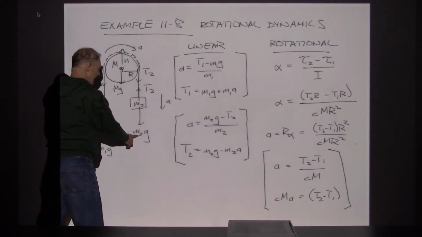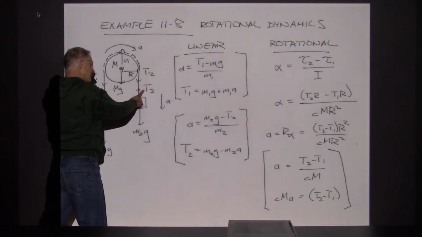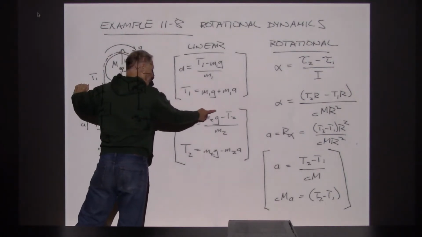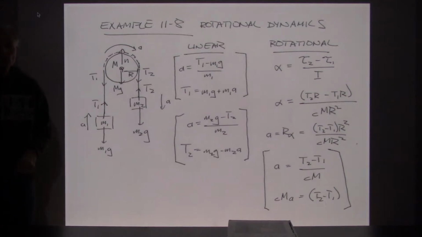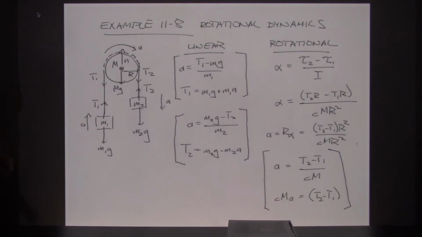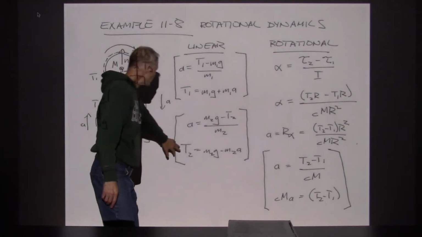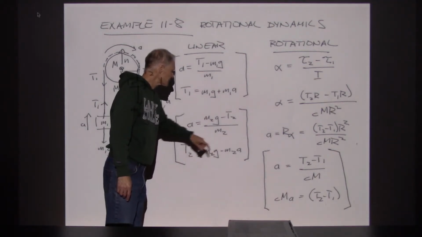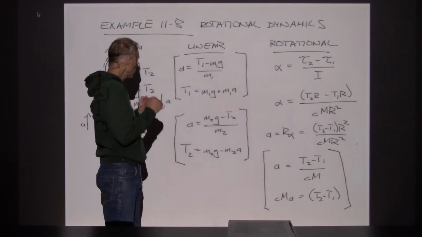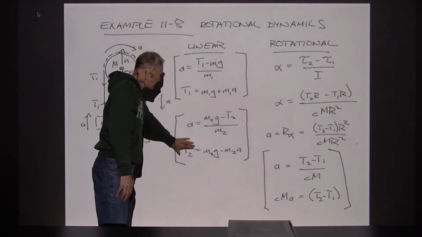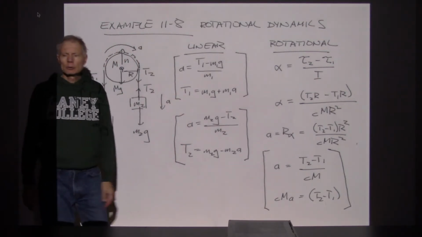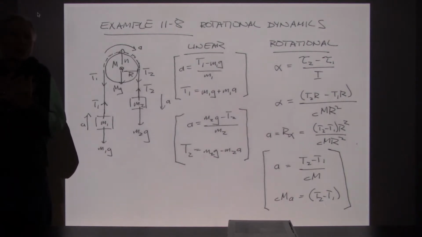And that means that M2g minus T2, that's the net force. Divide that through by M2, and that will determine what the acceleration will be. Now, T2 is equal to M2g minus M2a. What I've got right now is a formula for T1 and a formula for T2. How do I put those together? They're not the same tension anymore.